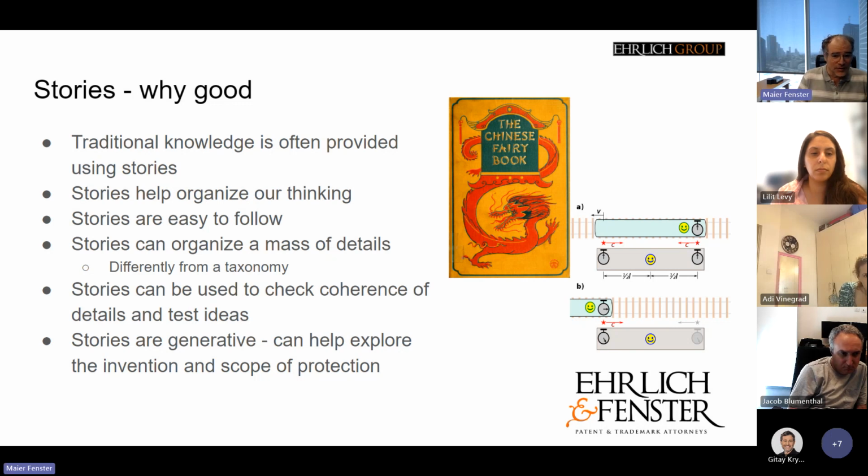Just to give you an example of using a story to check the coherence of details and test ideas, what we have here on the right is an illustration of Einstein's theory of relativity. And the question is, the Gedanken experiment, which Einstein talked about, I imagined what it would be like being on a beam of light and looking at another beam of light.